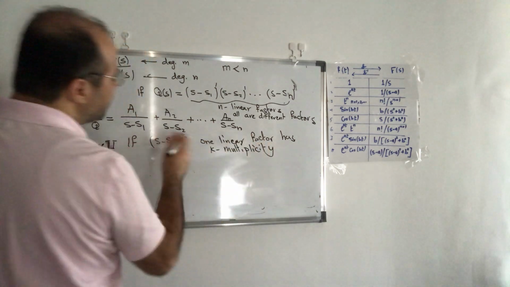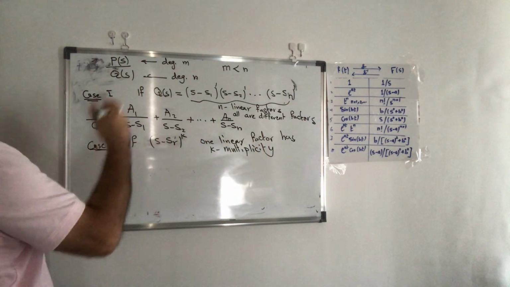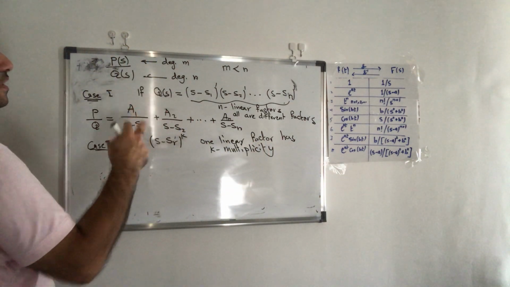Yeah, when you factorize, for example, you get S minus 2 squared, so it is doubled.